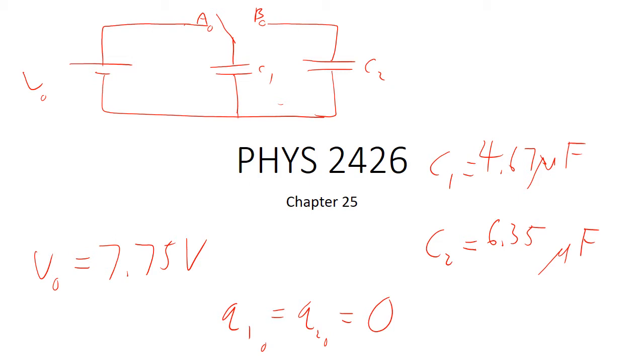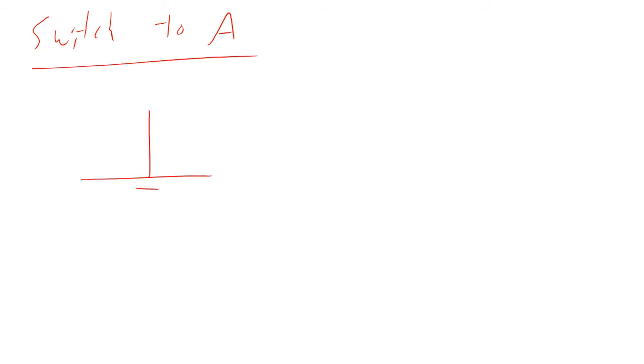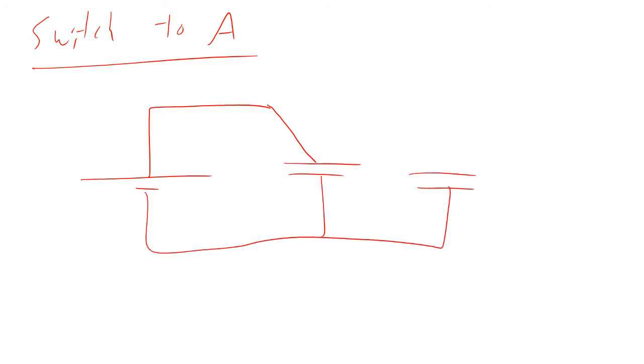So the first step is I want to throw the switch into position A. Now we have a circuit that looks like this, and I want to know what is the voltage and the charge on each of the capacitors.